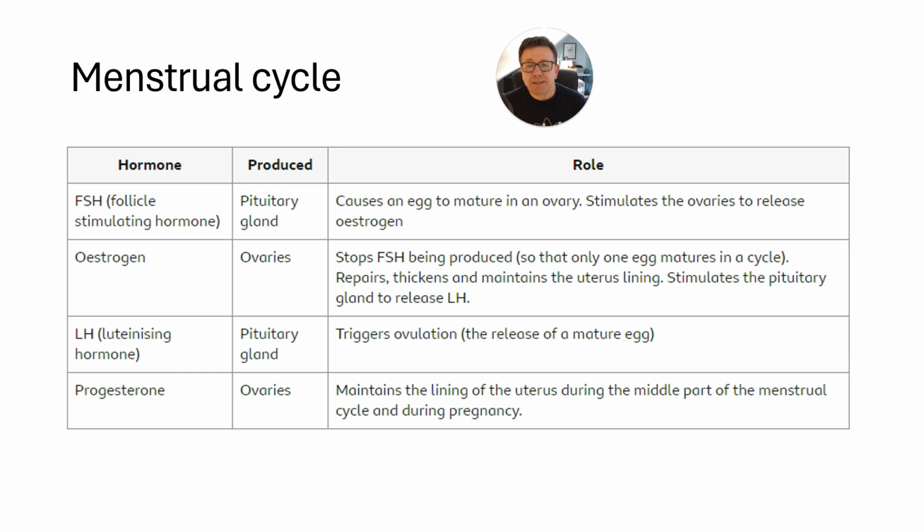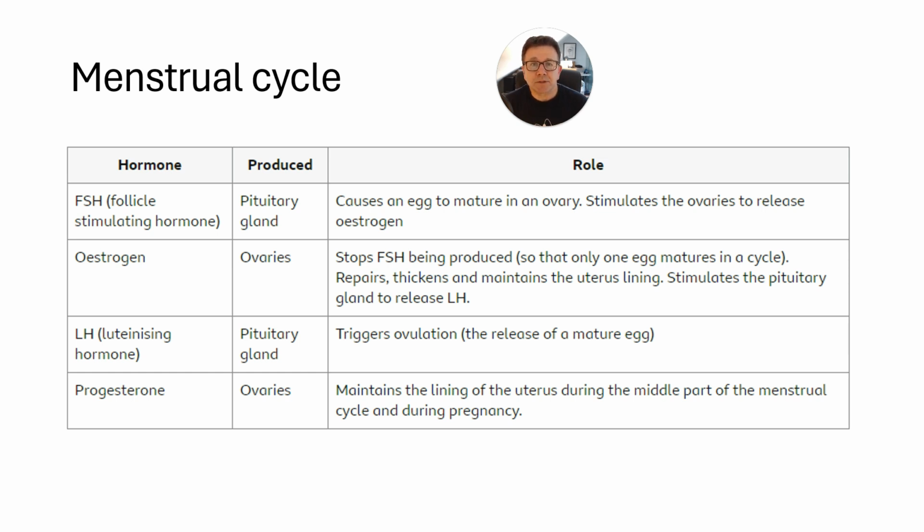Follicle stimulating hormone is made in the pituitary gland, causes an egg to mature, and also stimulates the ovary to release estrogen. Estrogen is made in the ovaries, and it inhibits FSH production. It repairs, thickens and maintains the uterus lining, and stimulates the pituitary gland to release LH. LH, luteinizing hormone, is made in the pituitary, and that triggers ovulation.